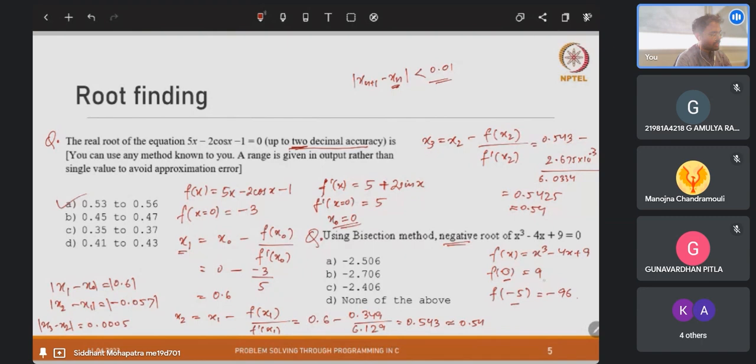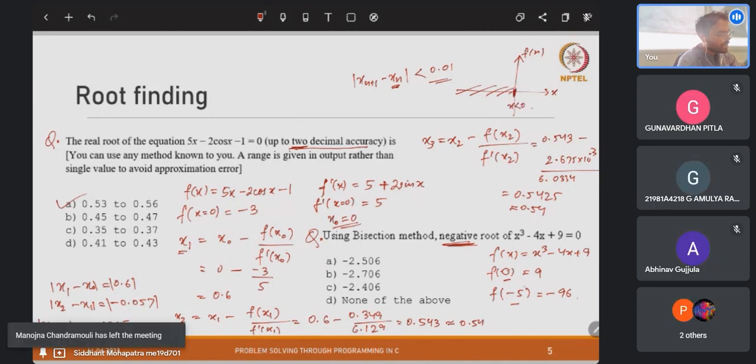I have to calculate the root of this function, f of x against x, in this area. This is because I have been asked to calculate the negative root, that means I have to calculate at x less than 0. So I take 0 as one of the limits.